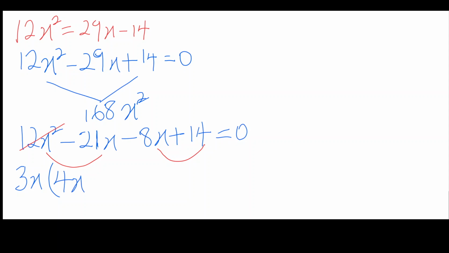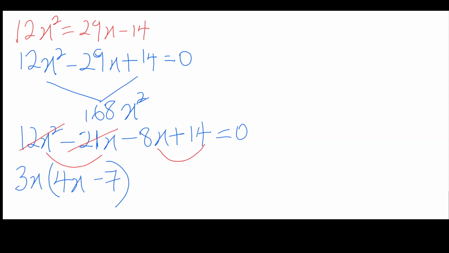Then we have 3x in negative 21x: 3 in negative 21 is negative 7, and x divided by x is 1. So I have this.